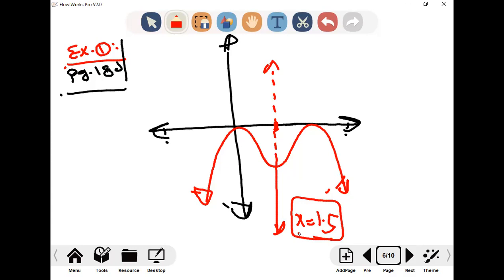For the y, I have another 1.5 here. You need to say x equals 1.5. If you just write 1.5 it's wrong, so you must specify x or y. This function is symmetric in the line x equals 1.5.